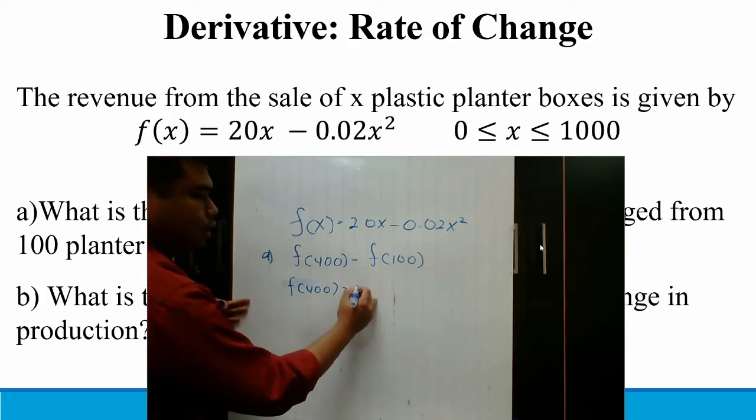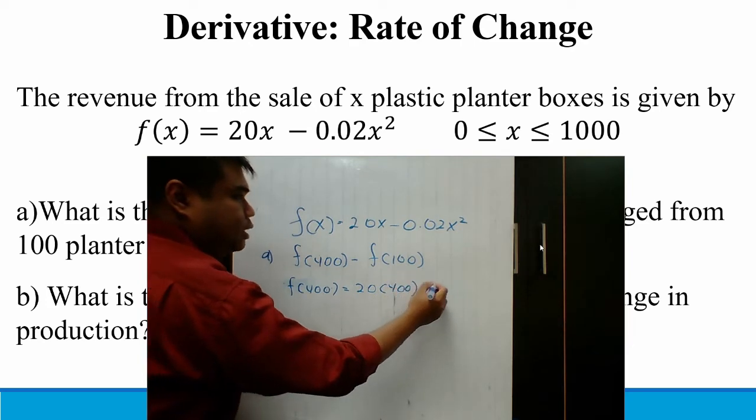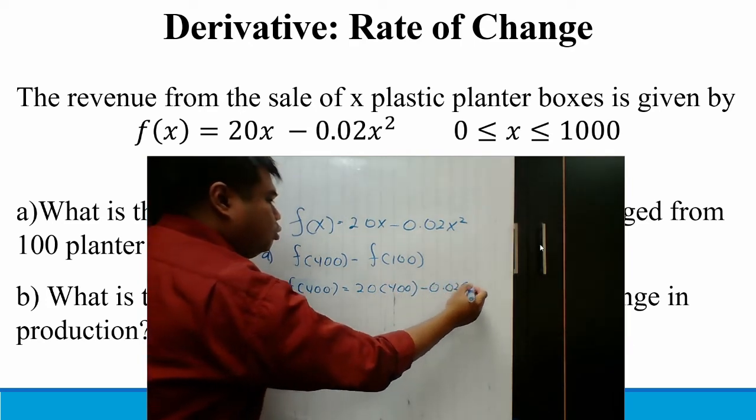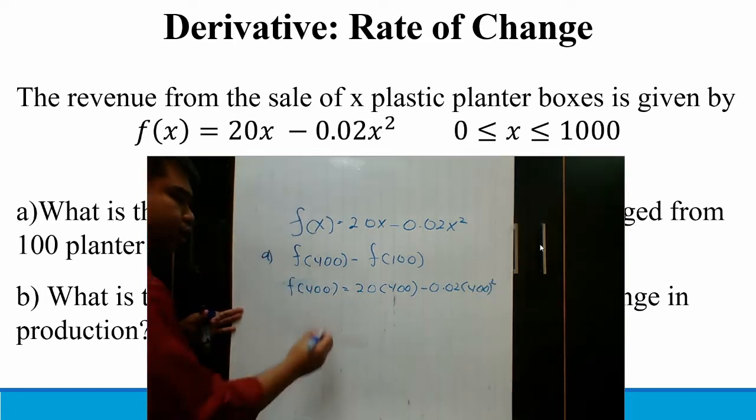is 20 multiplied by 400 minus 0.02 times 400 squared.